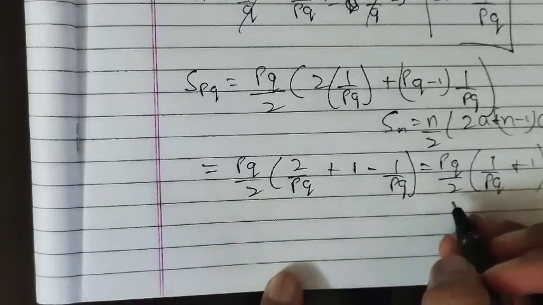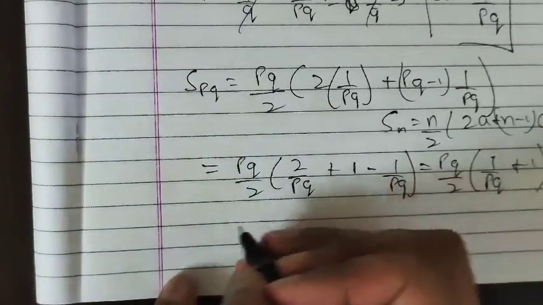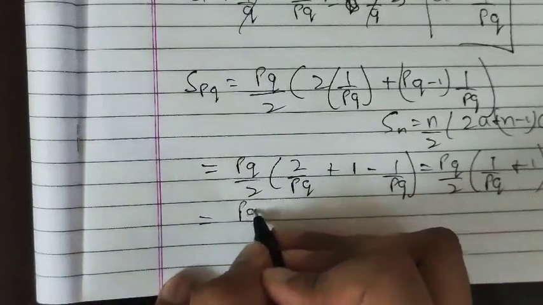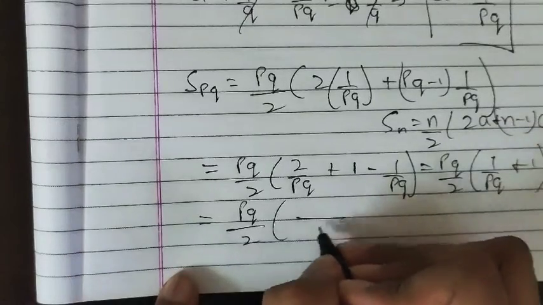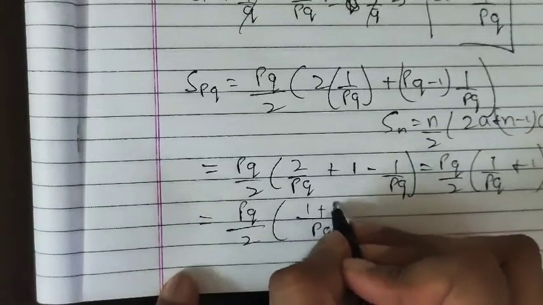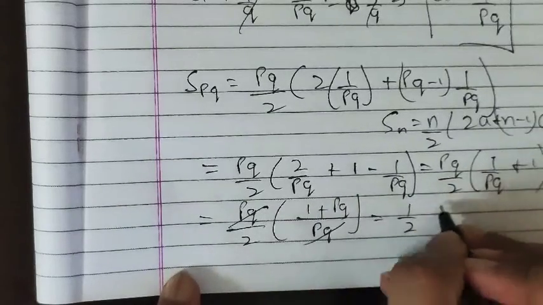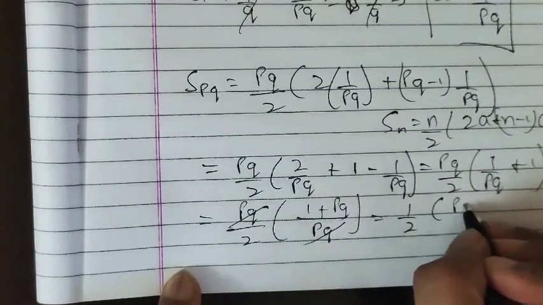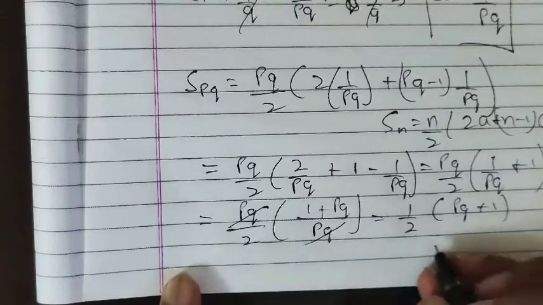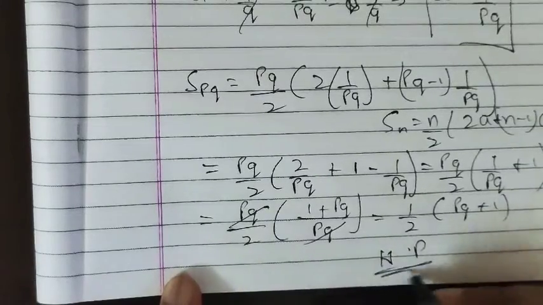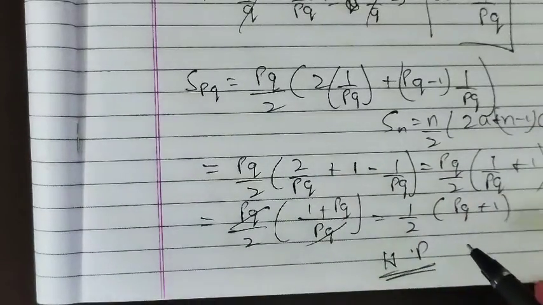So taking LCM, pq, so pq upon 2, (1 + pq) upon pq, the pq and pq get cancelled, so this will be 1 upon 2, (pq + 1). So this we had to prove, hence proved. So the sum of pq terms is 1 upon 2, (pq + 1).